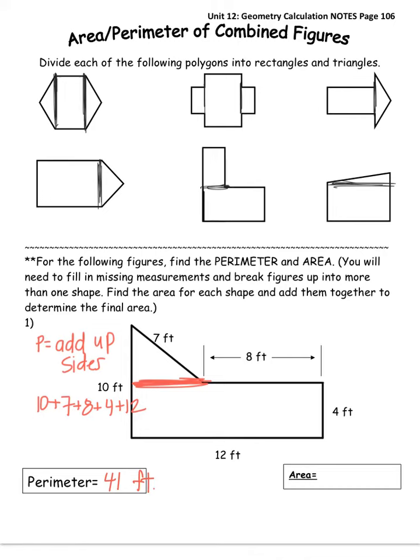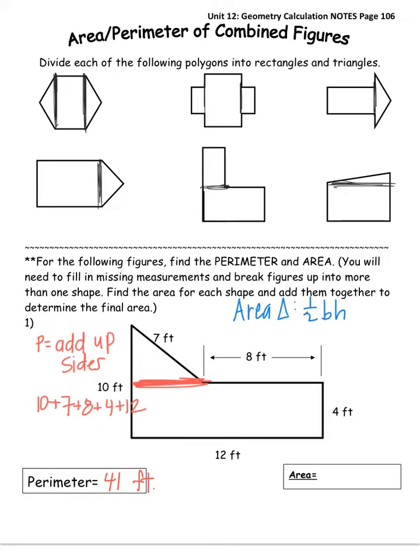Okay? Now let's do the area. So the area formula of a triangle, we'll start with that. I like to label everything. So area of triangle is 1/2 base times height. Okay, so we come over here to the triangle.